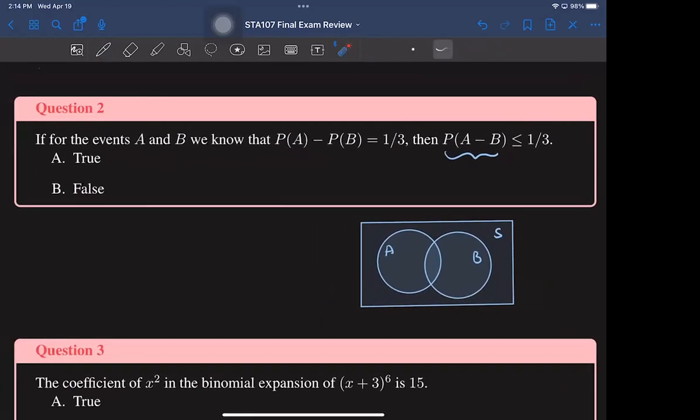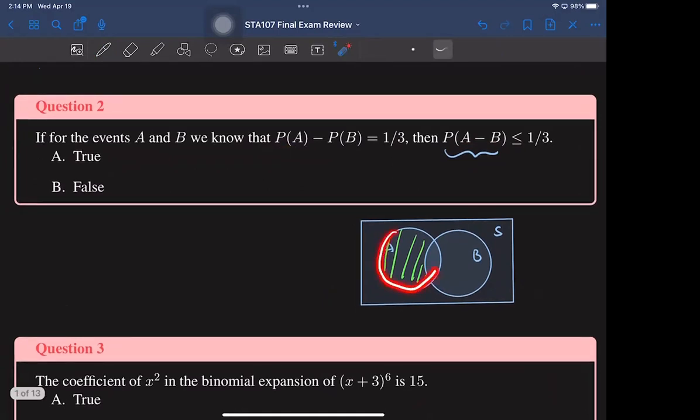So if we look at this one, the part A exclude B is this part here. And what the question is saying is that the probability of A, which is this circle, minus the probability of B, which is this circle, is 1 over 3. Then this part will be at most 1 over 3. That's what the question is saying.